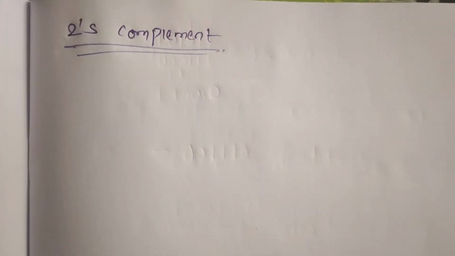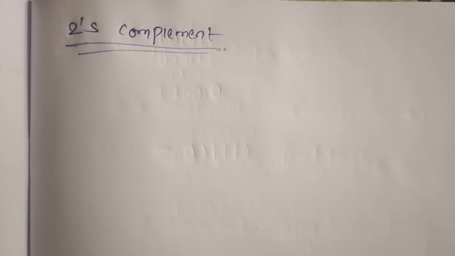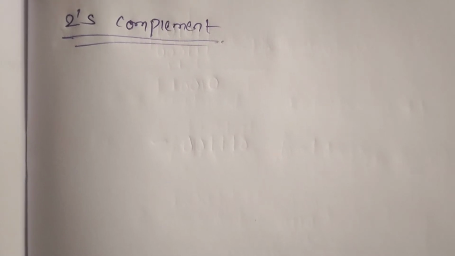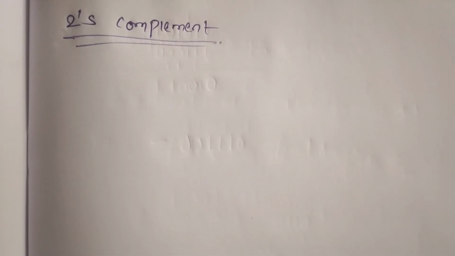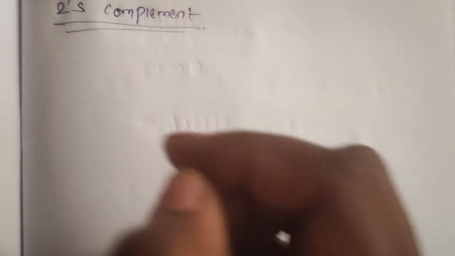2's complement. Negative numbers are represented in binary format using the 2's complement. So how negative numbers are represented in 2's complement, we will see with an example. We will take the example plus 9 and minus 9. So 9 is represented in binary format as 1001, that is 8 plus 1 is 9.